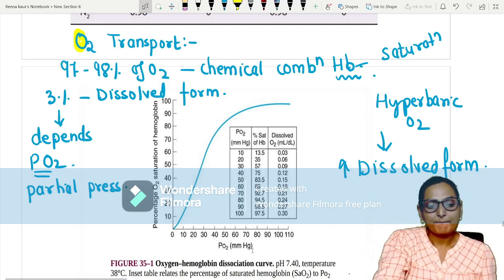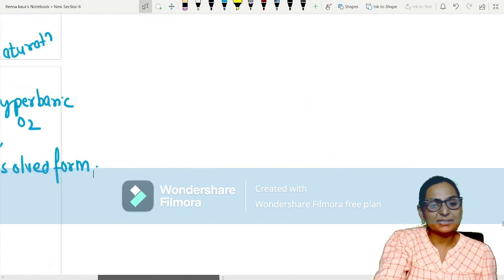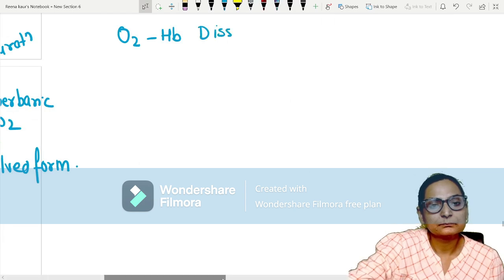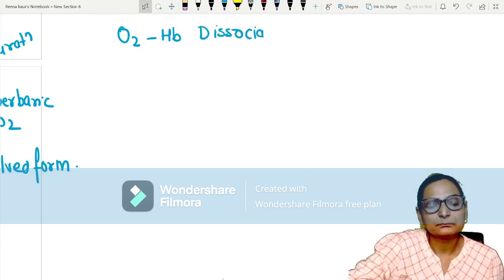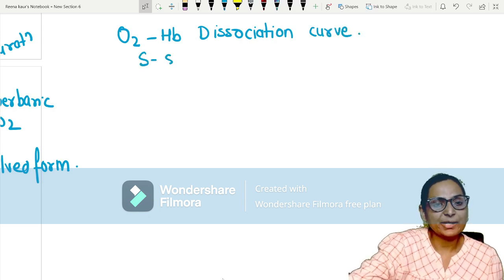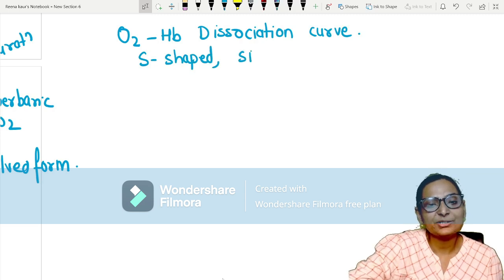Now, coming to the oxygen hemoglobin dissociation curve. It is S-shaped, matlab sigmoid shape curve.